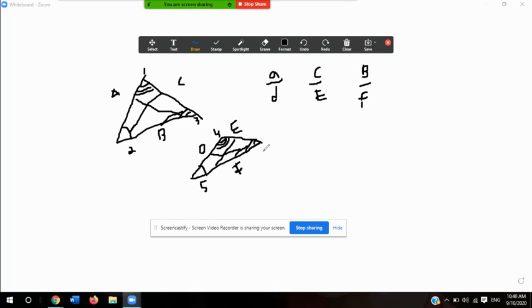So we would say that angle 1 is congruent to angle 4. And remember that this is the congruent sign. Angle 2 is congruent to angle 5. That means they'll have the same measurement, whatever that measurement will be.